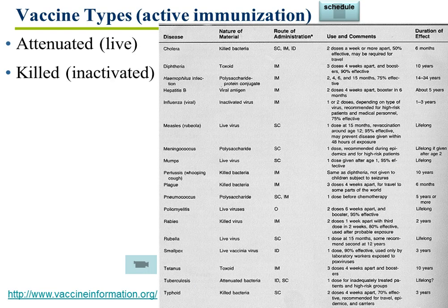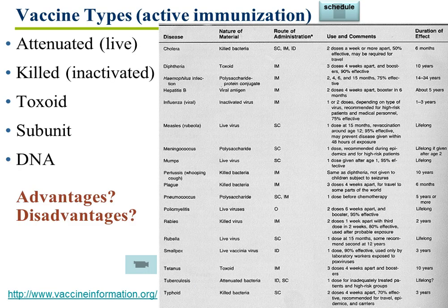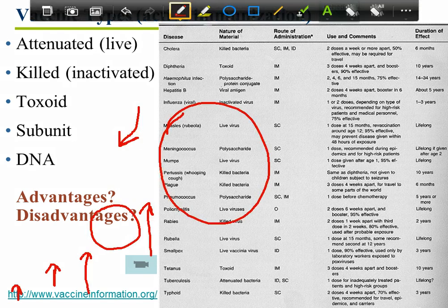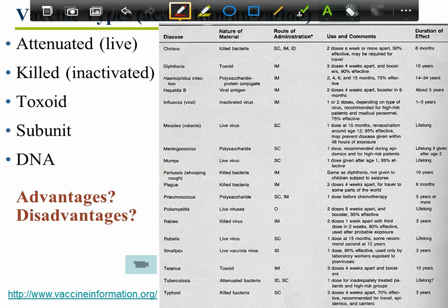Here's a look at vaccine types, different kinds. I think you might be able to make out the different vaccines if you make this a little bit larger. Let's go with killed. So if you look at the list here, let me point out some vaccines made of killed organisms.